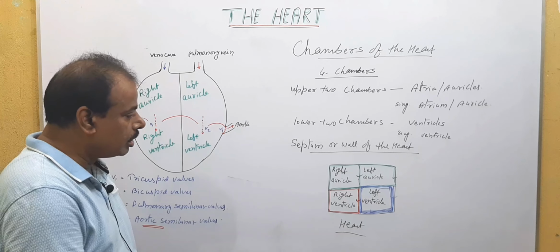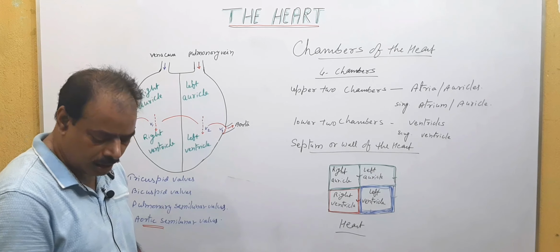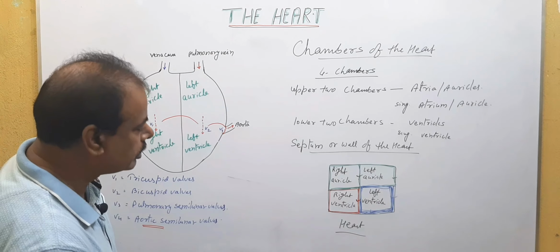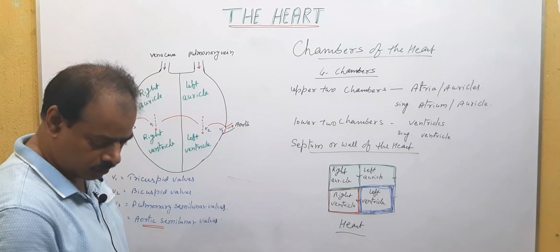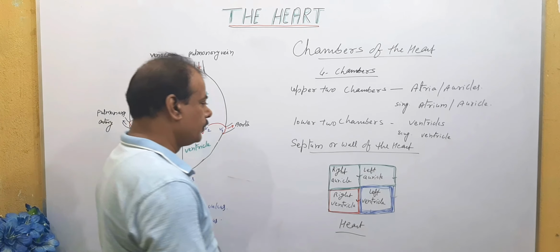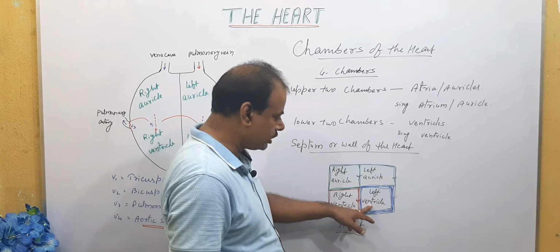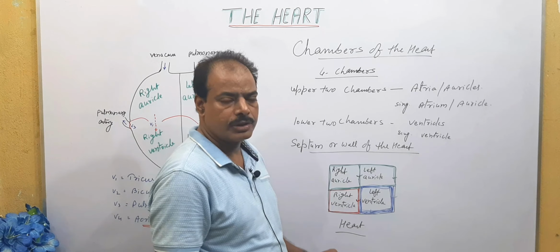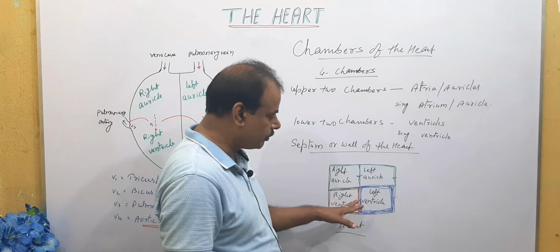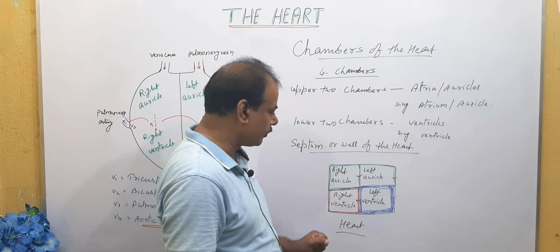Once again, the right auricle and left auricle have thin walls because they pump blood to the ventricles, which are located just below them, along the gravitational pull.